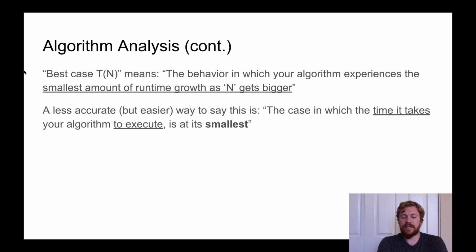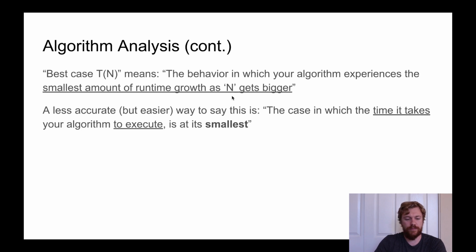In reality, the best case is mainly talking about the smallest amount of growth based on n. But this other less accurate definition is one way to begin thinking about how best case works.